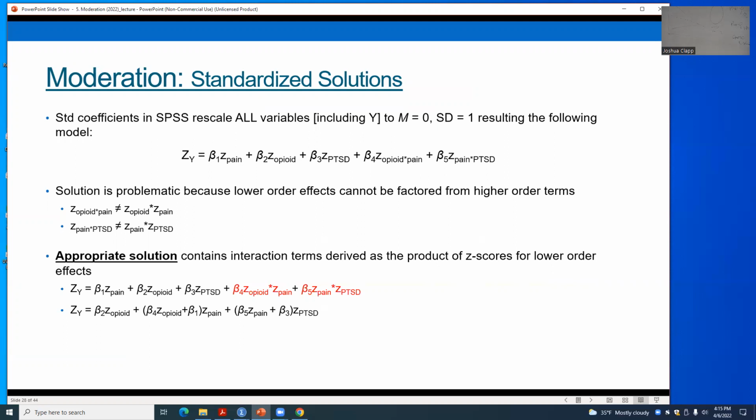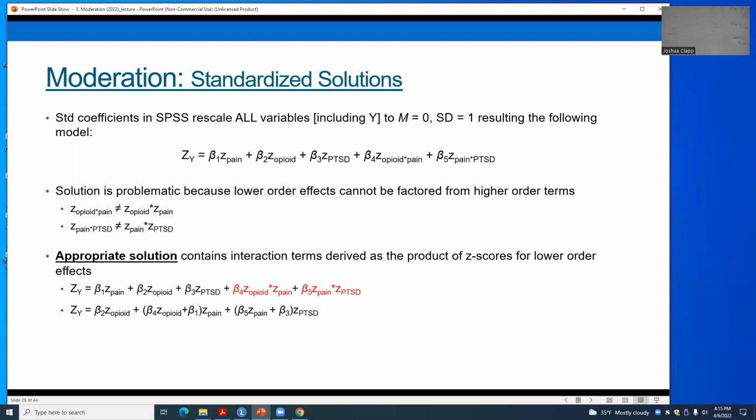So we create a model where, in this case, we take z-scores of role functioning, z-scores of pain, z-scores of opiate use, z-scores of PTSD. Then I create a new interaction term that was the z of pain and opiate use, where I take the z-score of pain and multiply it by the z-score of opiate use, and then a z-score pain PTSD, where I take the z-score of pain and multiply it by the z-score of PTSD.